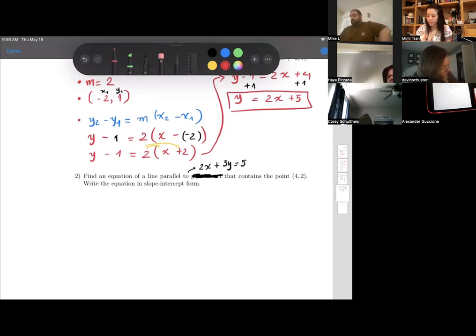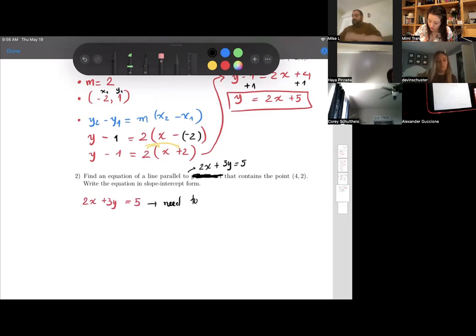All right, so it's parallel to that equation, but however, the equation is not in slope intercept form, right? So we have to change it into slope intercept form. So I have 2x plus 3y equal 5. It needs to change to slope intercept form, y equal mx plus b, right?